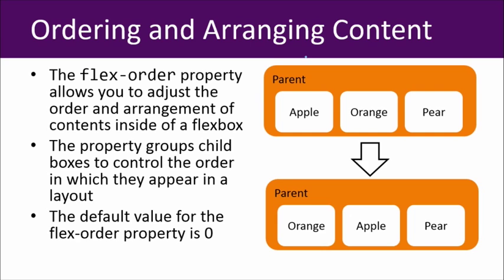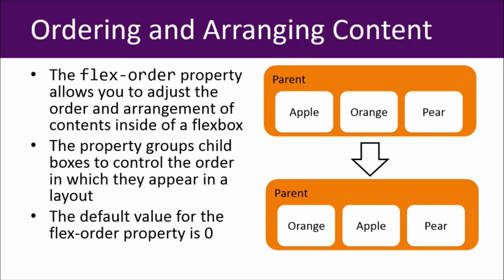Flexbox is pretty awesome. You can also order and arrange the content inside of a Flexbox by using the Flex Order property, right? The default value for the Flex Order property is 0 for each of the elements, and if you increase that value, the higher the value is, the more the order will change.